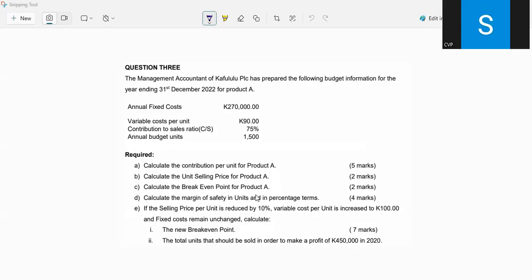So how do we find our contribution per unit? Who remembers the contribution ratio? The contribution ratio is equal to what?